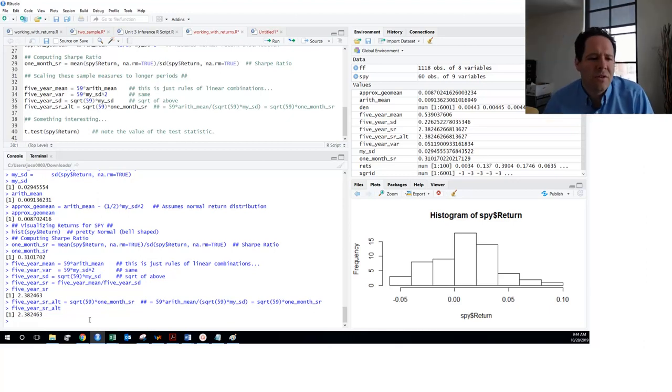That's a useful thing that comes from linear combinations, but it's helpful to see that. Now I want to show you something that's perhaps even more interesting.